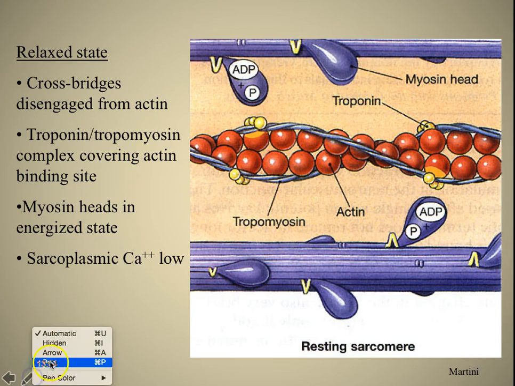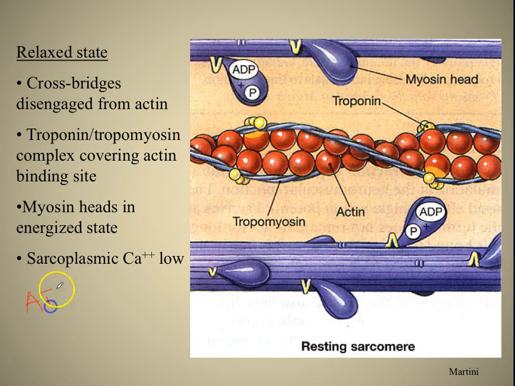ATPase, let me write that down for you. ATPase. Okay? And that will convert ATP, adenosine triphosphate, into adenosine diphosphate, so ADP, plus P. And in this case, very similar to what we saw earlier in the semester when we talked about the sodium-potassium pump, the presence of that phosphate will cause a conformational change, a change of shape, to occur.